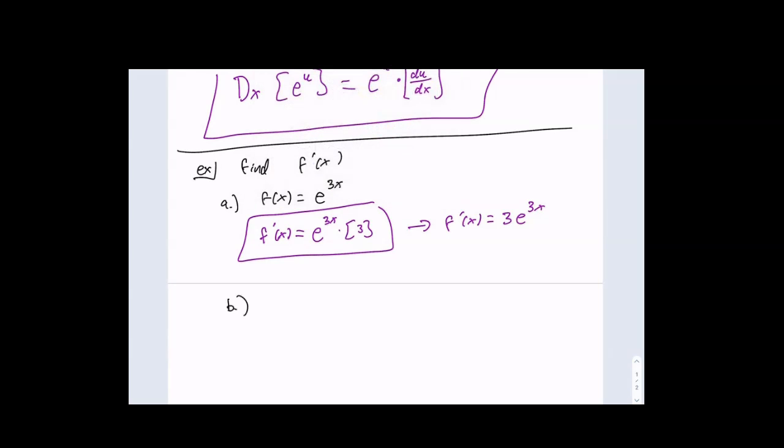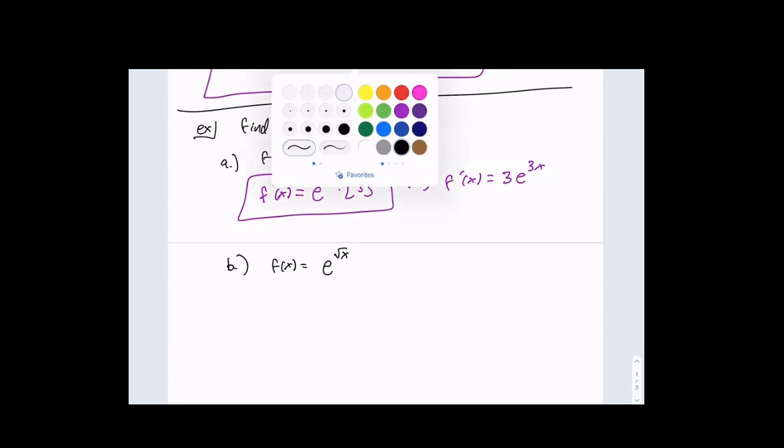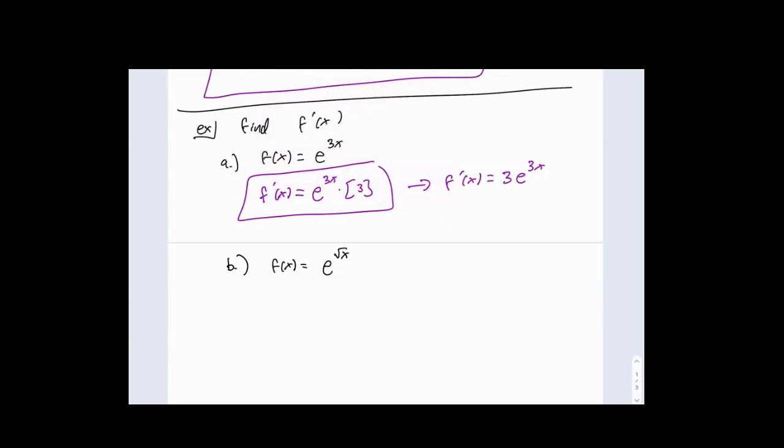B. So now the derivative of the baby could get a little bit more difficult, okay? So f of x equals e to the square root of x. Now we got these type of problems when we were dealing with logarithms last night where the baby itself was a square root, so sometimes we just need to clean that up. So what do I do in terms of finding this derivative?